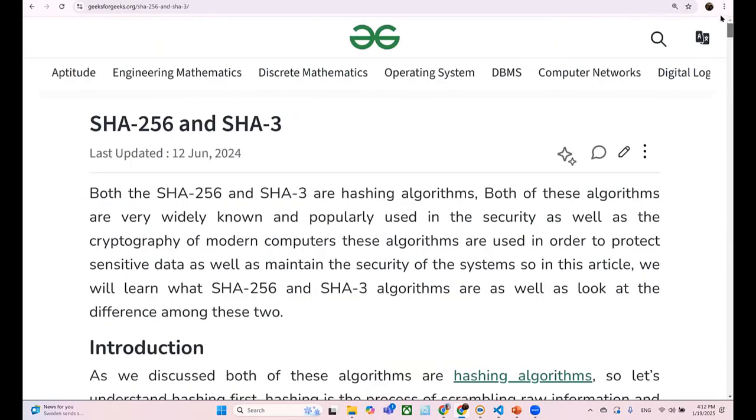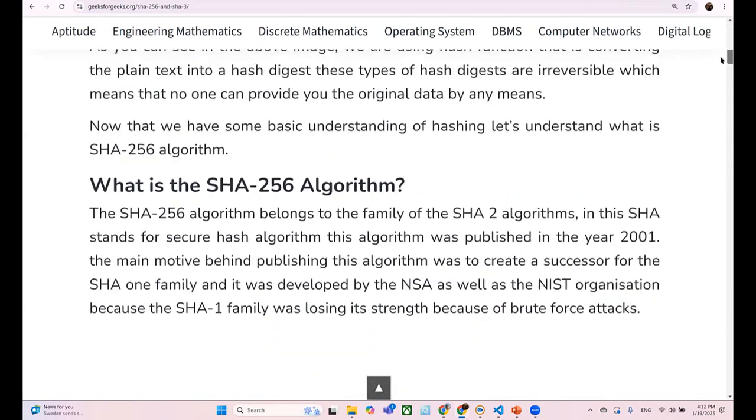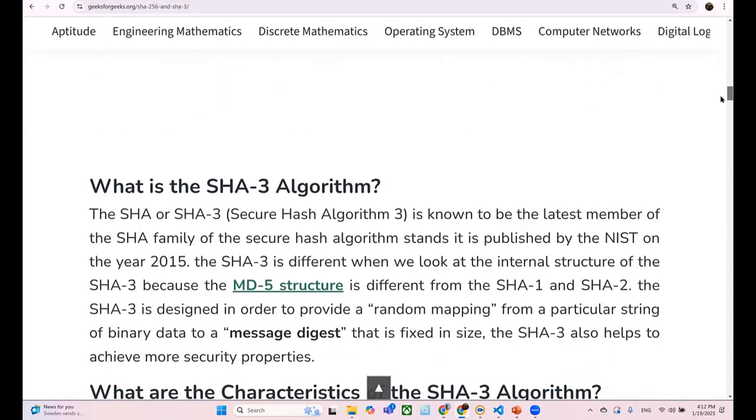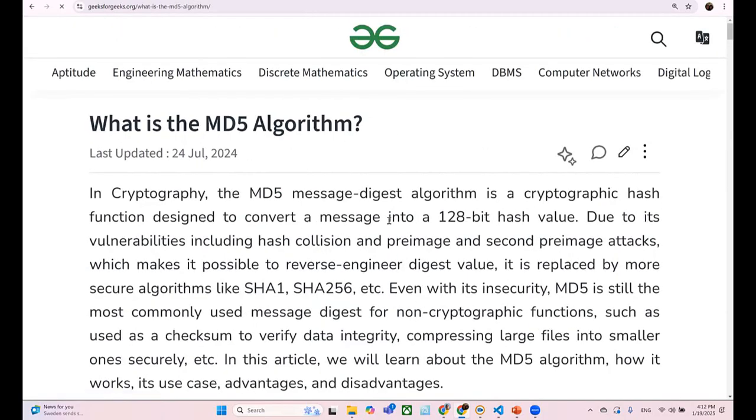So right here, you also mentioned hash algorithms. The design of the hash function is an art by itself. A lot of cryptography is using SHA 256 right now as an important standard. It is using the so-called MD5 structure.